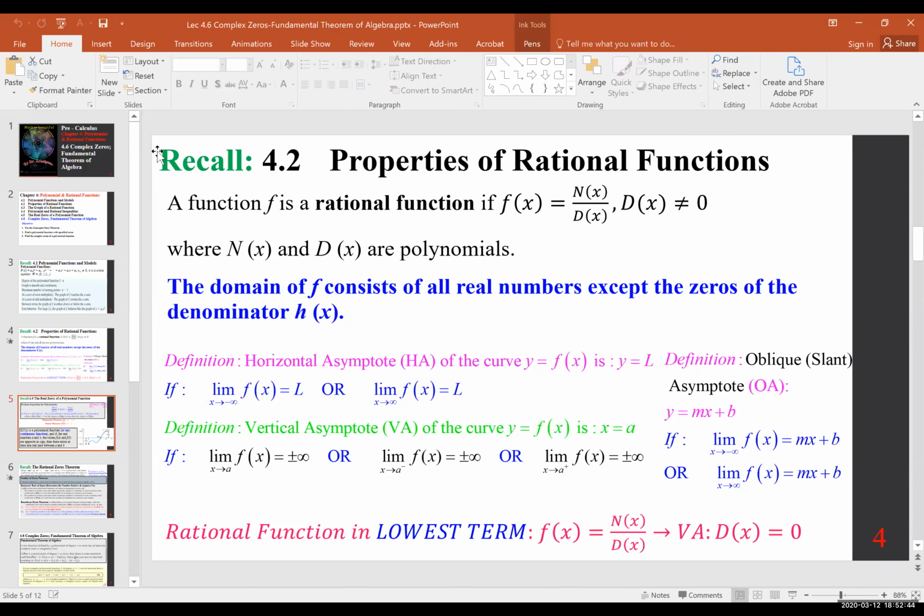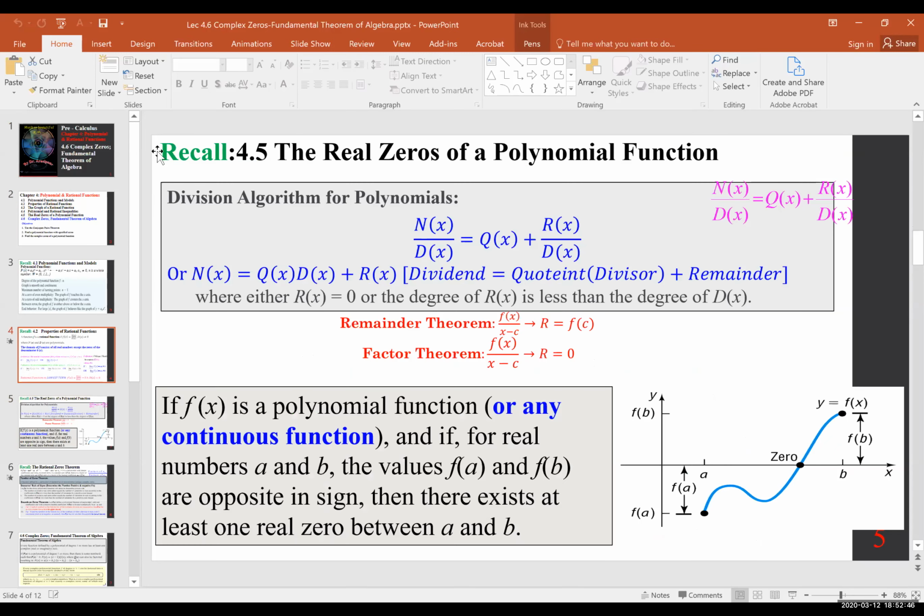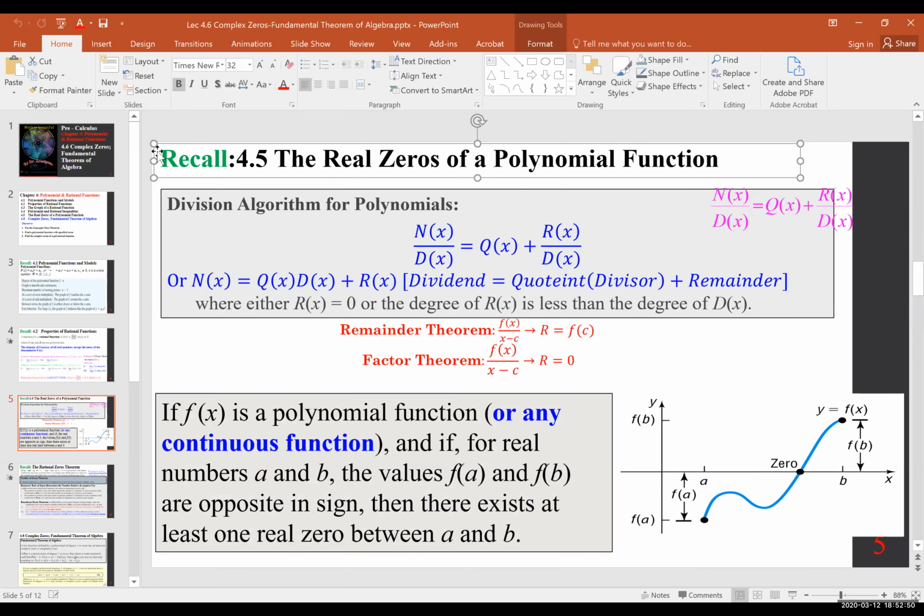So we covered previous sections and the synopsis of them are here. And this last section that we looked at, real zeros of a polynomial, understanding the remainder theorem. Okay, the factor theorem, IVT, upper bound, lower bound, all of the above. Now we are adding more stuff.